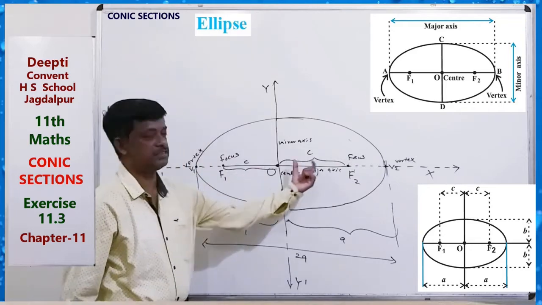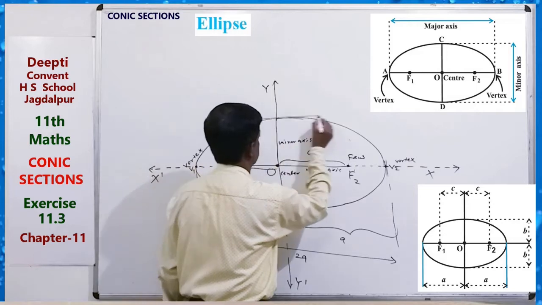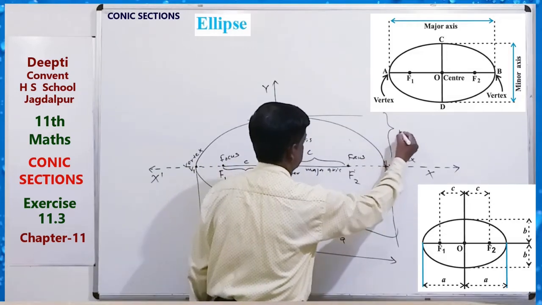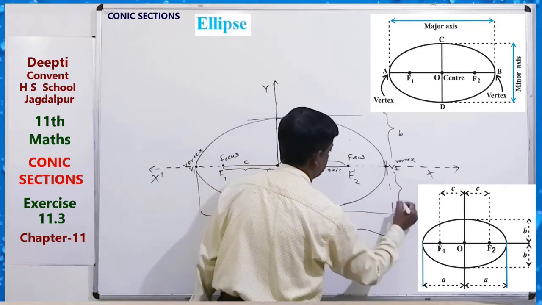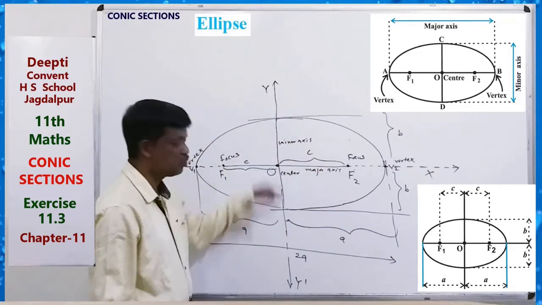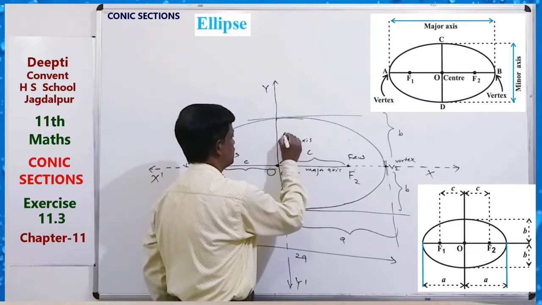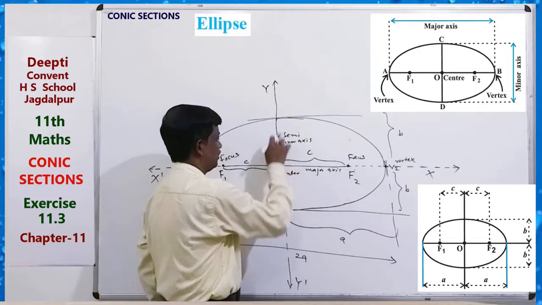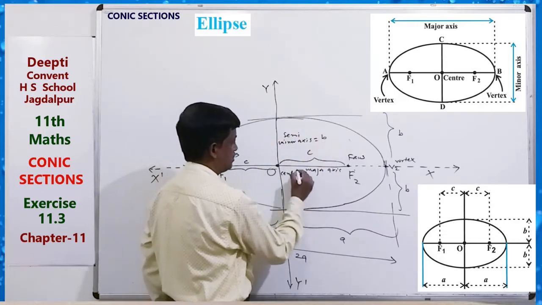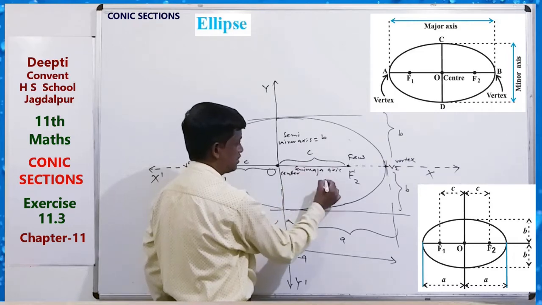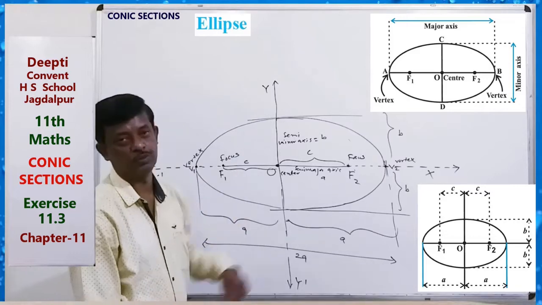This distance is c, this distance is a, and this distance is b, so the total is 2b, the length of the minor axis. The semi-minor axis equals b and the semi-major axis equals a, so the total lengths are 2a and 2b.